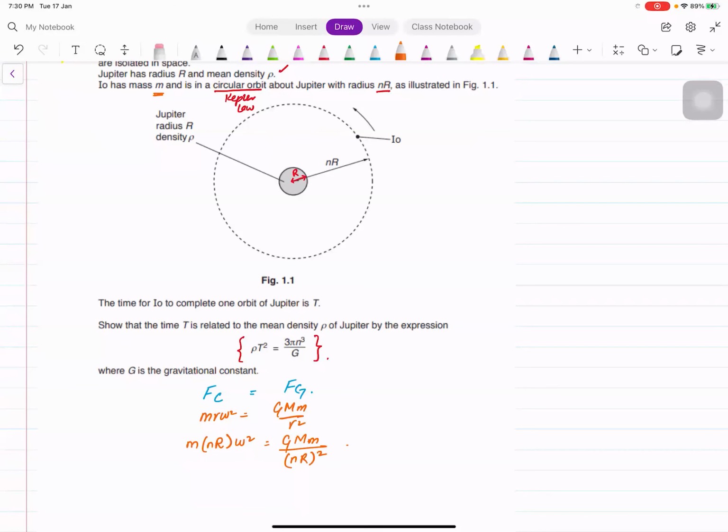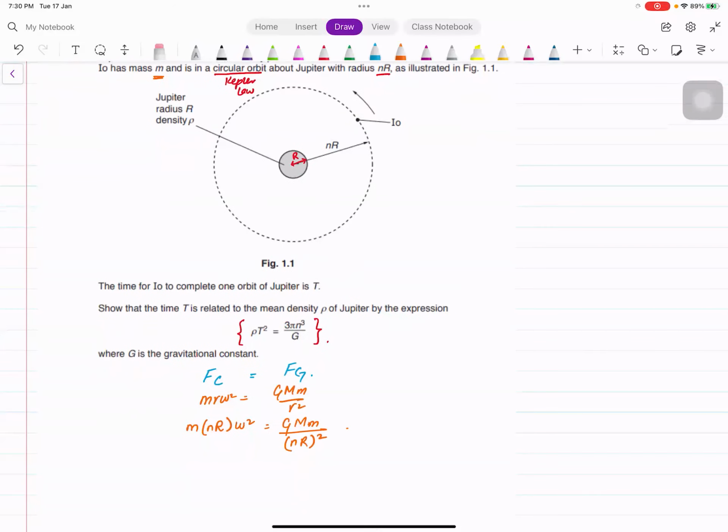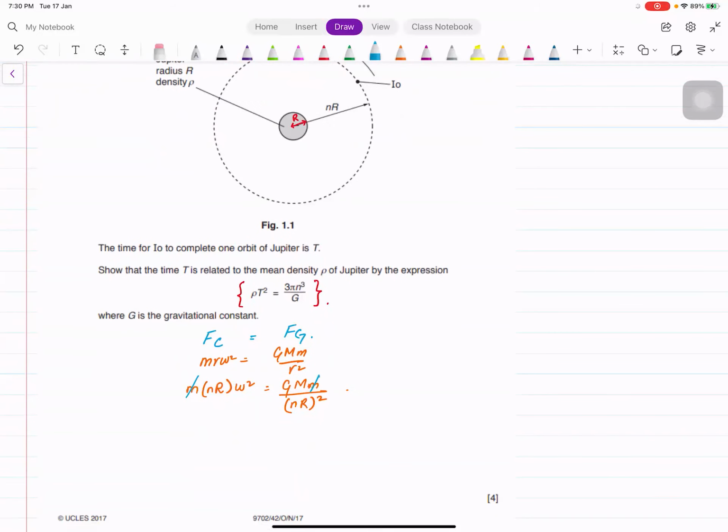Got it? Now, m and m are irrelevant. They're going to get cancelled out, which means that I get nR squared multiplied by nR, which is n³R³ omega squared equals GM. That's where I get. Okay.